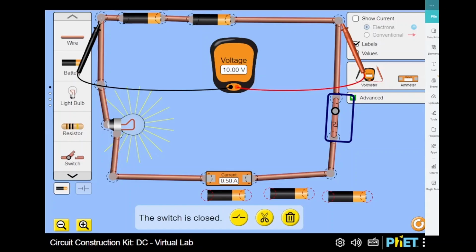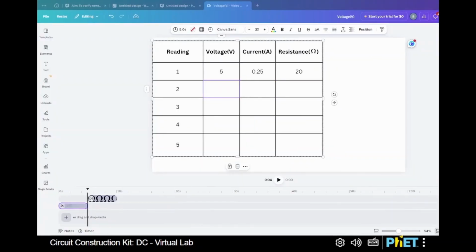Then that means our current is a dependent variable. So we make a change on the voltage, and then we measure the current. So again, voltage is my independent variable, and the one that I'm measuring is current. That's my dependent variable. I have not made a change on the resistance, so my resistance is a controlled variable.